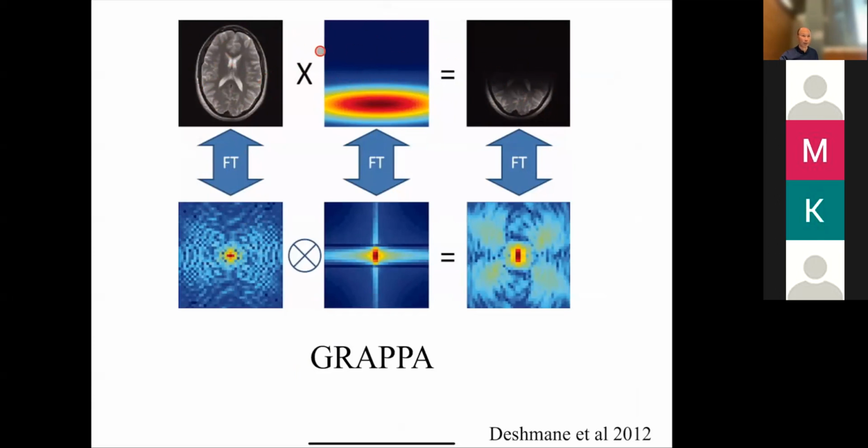Now let's look at what that means in the Fourier domain. This is the Fourier transform of my object. I multiplied in this domain by this sensitivity pattern, so I'm going to convolve in the Fourier domain with the Fourier transform of this sensitivity pattern. Okay.